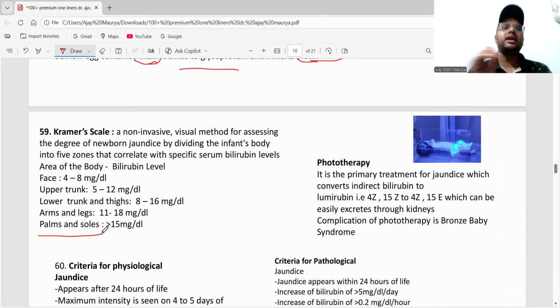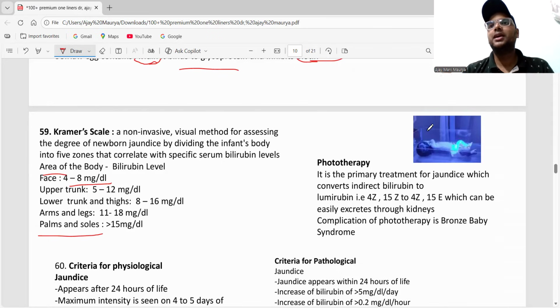If there is yellow color over the face, then the bilirubin is 4 to 8. Upper trunk 5 to 12, lower trunk 8 to 16, arms and legs 11 to 18, and palms and soles more than 15. Always in the examination they are asking the face. It is 5 to 8.